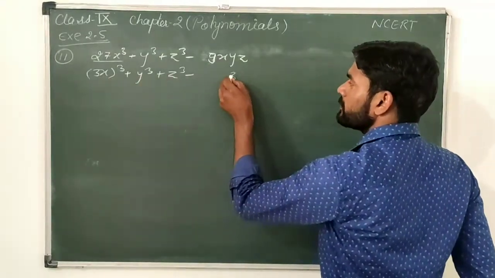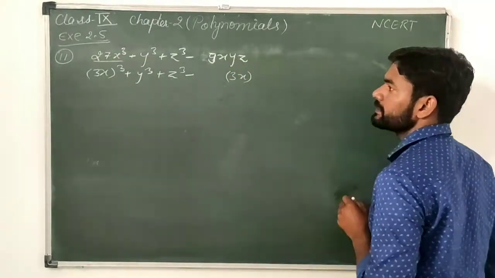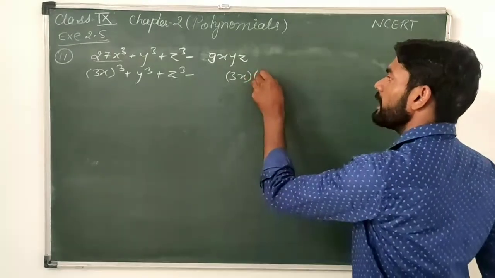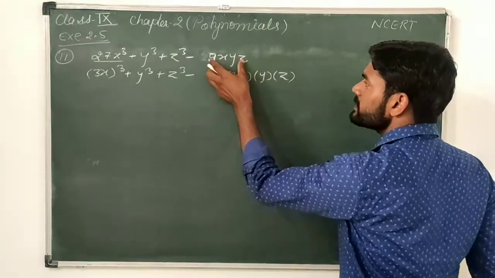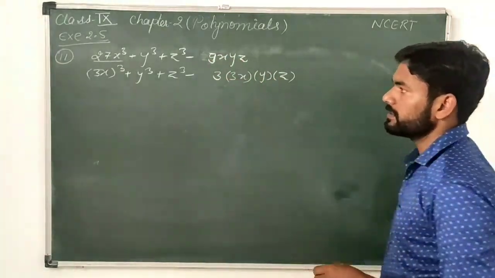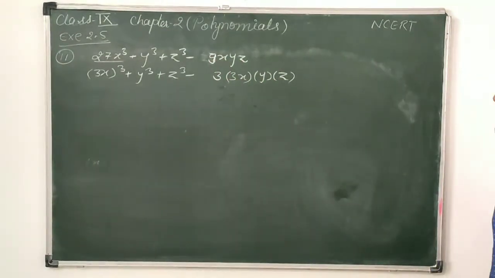If we write this in this format, it is 3x into y into z, which is 9xyz, but this is not equal to this, so apply the 3 over here. Clear?